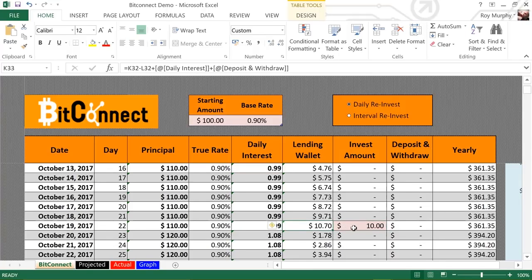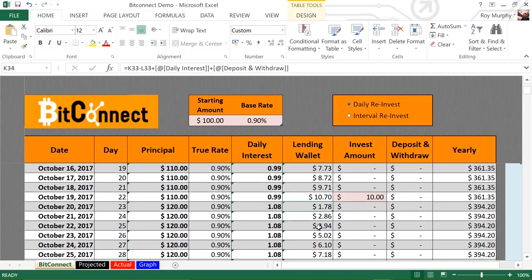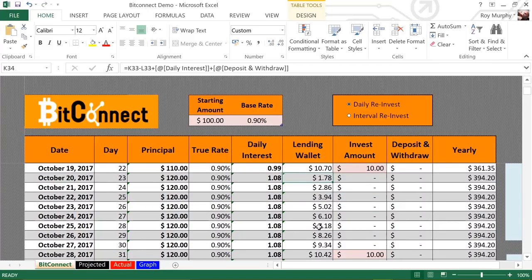This shows you your $10 invest amount and the balance of your wallet. So $10.70 minus the $10 you're reinvesting is 70 cents. The daily interest the following day of $1.08 gives you a balance of $1.78. Here this calculates what should be in your lending wallet, which gives you something in the future where you can predict when you can do a reinvest.